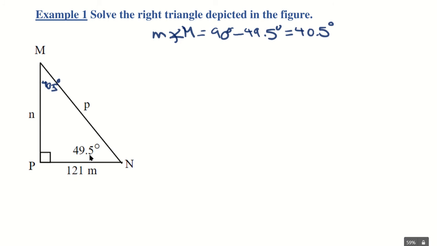Let's start with angle N and see if we can get the measure of N from it. So we notice that we have an angle, we want the side opposite, and we know the side adjacent. So this is where SOHCAHTOA will come in really handy.